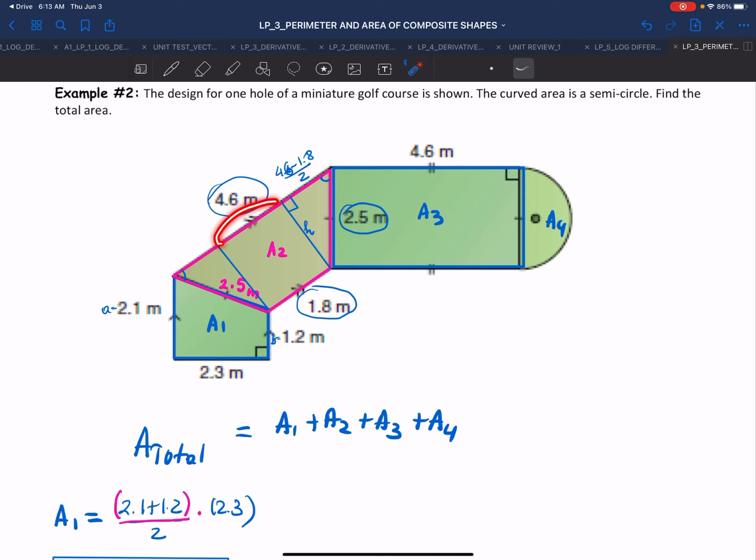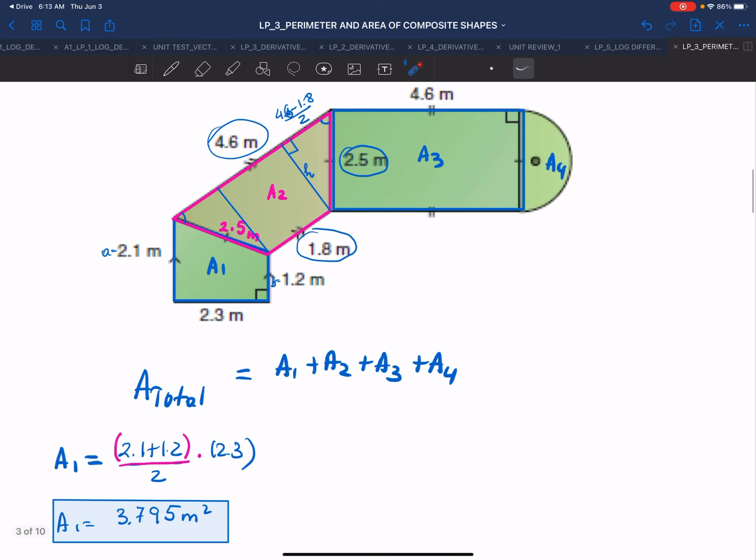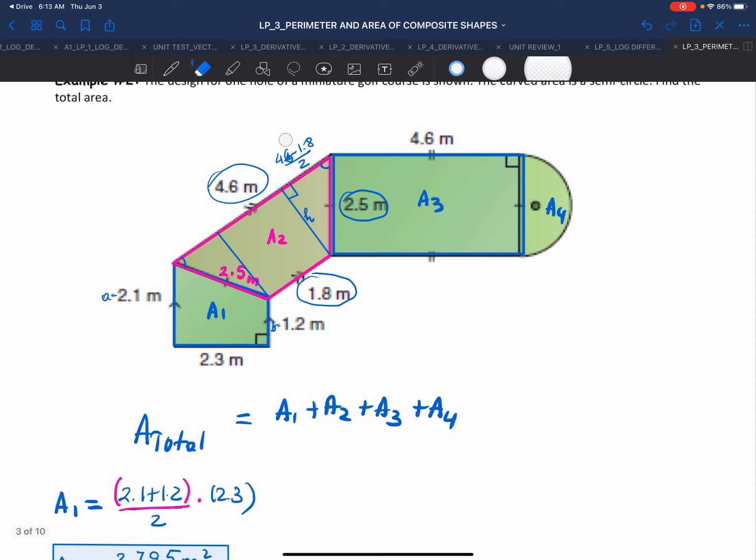We're taking away the 1.8, this length in here, and then divide by 2 because we have two such lengths. So 4.6 minus 1.8 divided by 2 equals, let me double check here. 4.6 minus 1.8 is equal to 2.8. Divided by 2, that's 1.4.